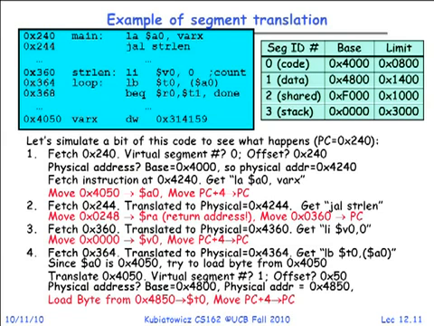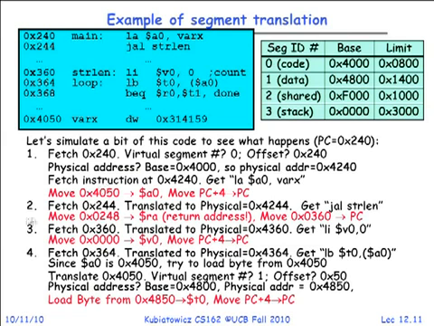The way we do that is we say the offset's 240, the limit's 800, so we're okay. This is not going to fault. So our physical address is 4240, which means we go to 4240 in the DRAM to get our instruction. So the fetch instruction's at 4240. Does everybody see that?